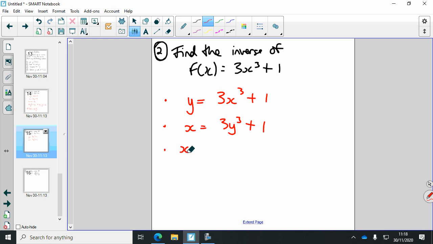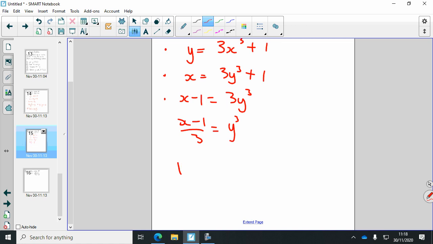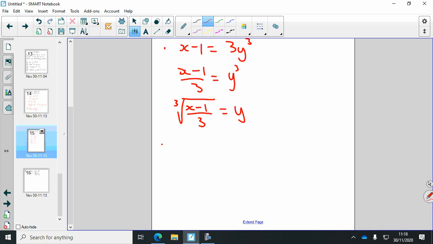So x minus 1 first, then divide by 3, and finally cube root. And then the final step is you just need to write f inverse of x instead of the y, and that's equal to the cube root of x minus 1 over 3. So that's the inverse function of the original one there.